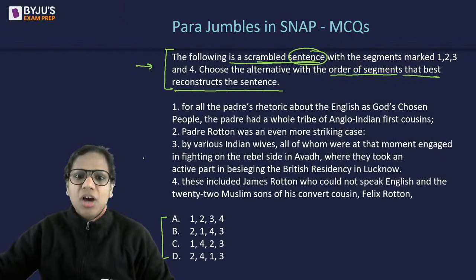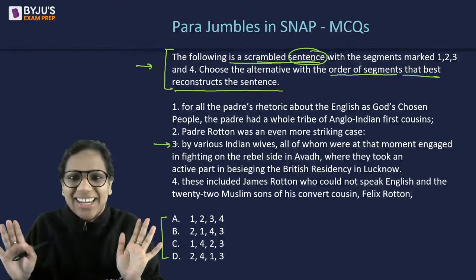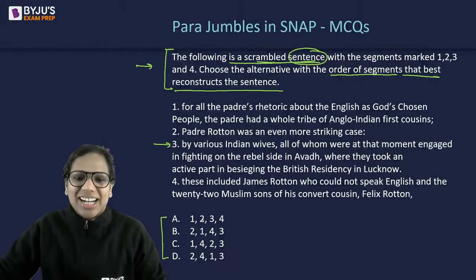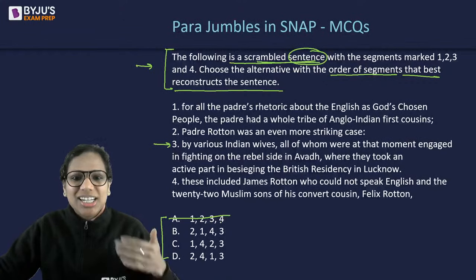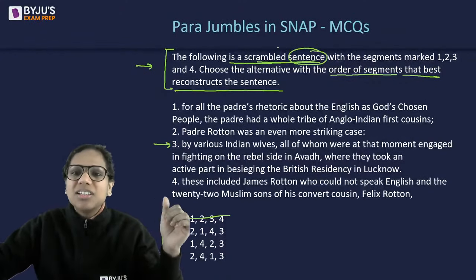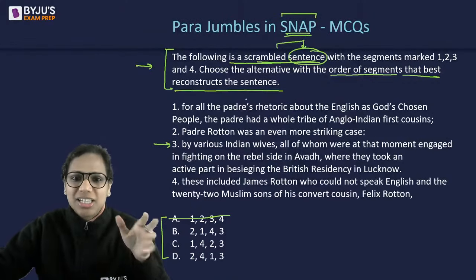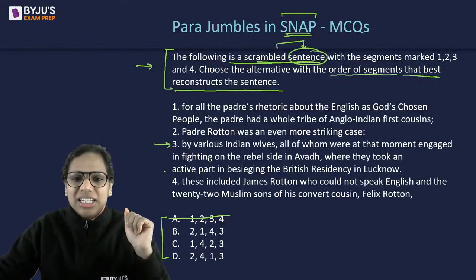Now, you can clearly see here that there is no full stop. Here again, there is no full stop. Just one segment has a full stop, which is 3, right? So 3 should come at the end. That much is clear. And A can be eliminated right away. So take the help of such clues. This is a peculiar question that I found in your SNAP previous year papers, and that's why I decided to include it here.